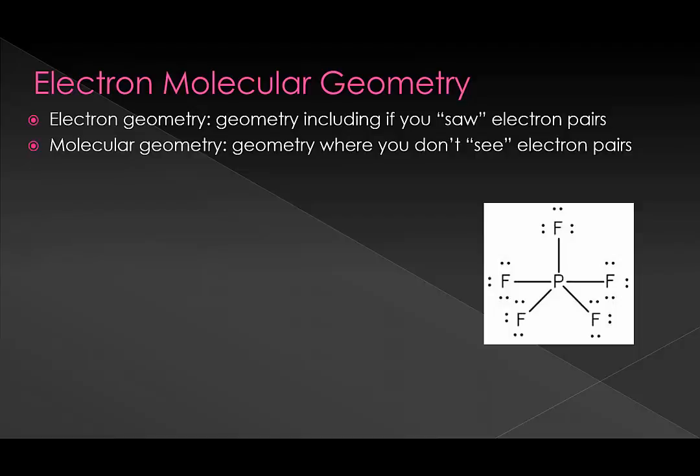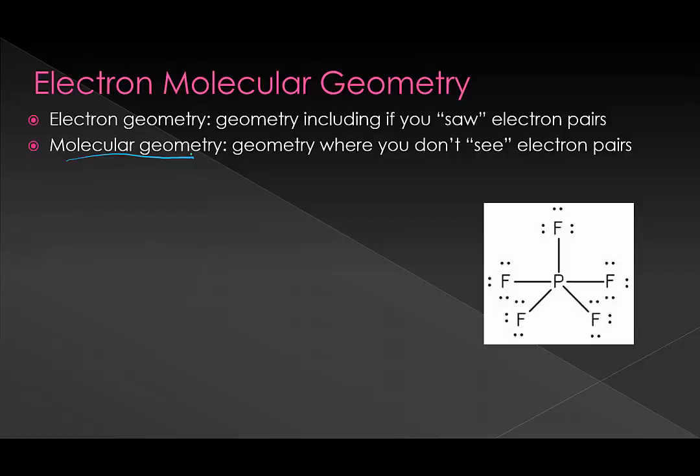And when we name these, we're going to name them according to the electron geometry as if you see the electron pairs. Now, with molecular geometry, the electron pairs still have an effect, so you can't just ignore the electron pairs. However, the nomenclature is going to wrap around the idea that you're not seeing, quote unquote, these electron pairs.